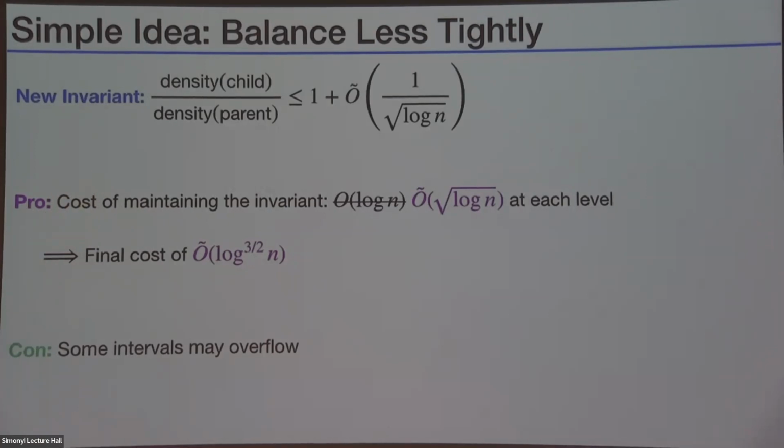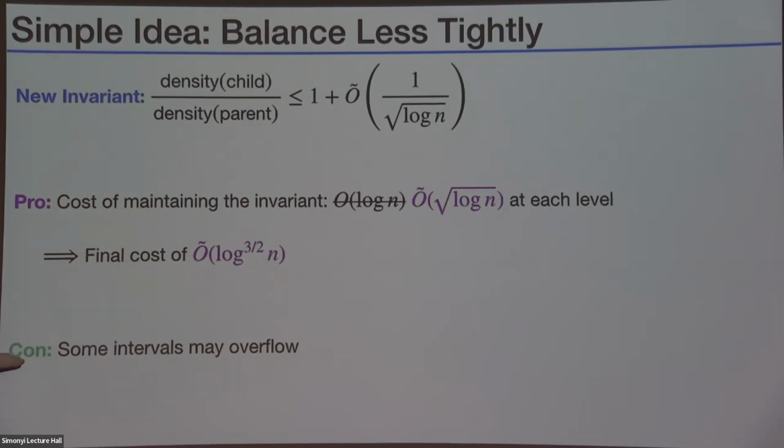If we were able to do this, the cost of maintaining the invariant by the same calculations on the previous slide would be square root log n. And then at the end, we would get a final cost of log to the 3/2 n, which is what we want. So this would be very nice if we could do this, but the problem is that it doesn't work.